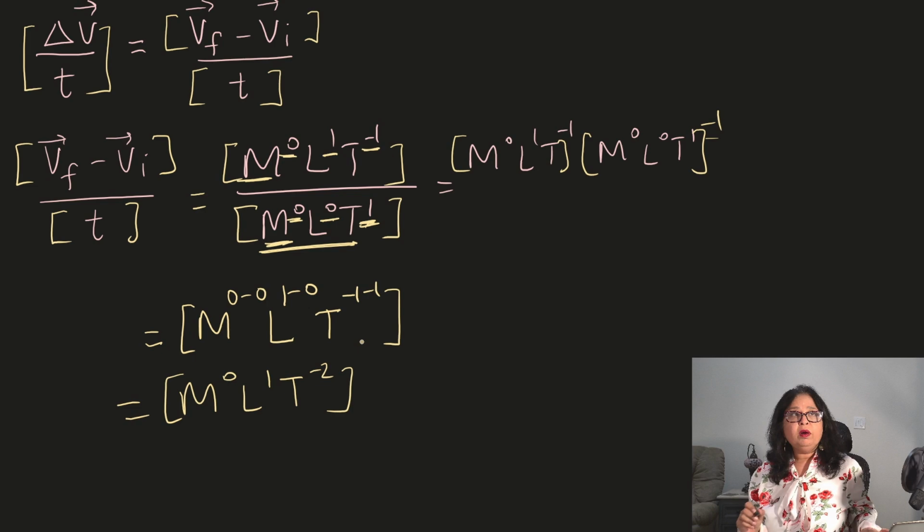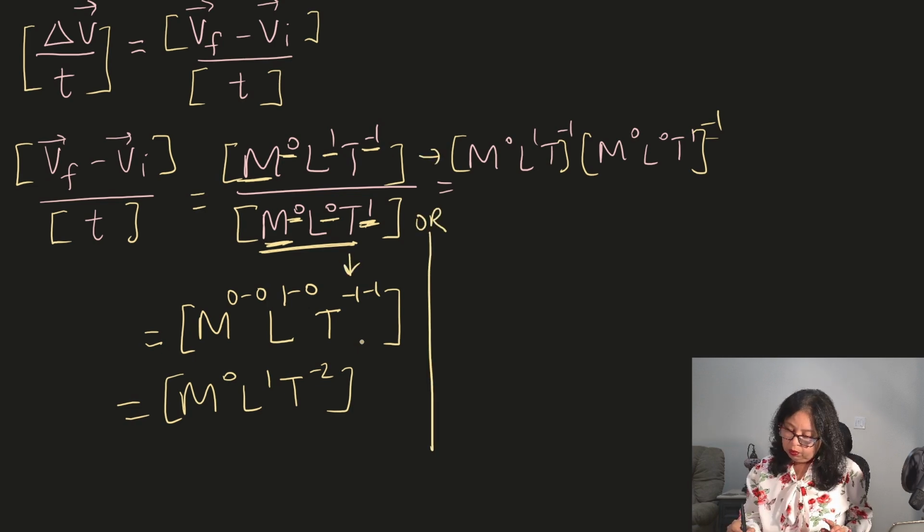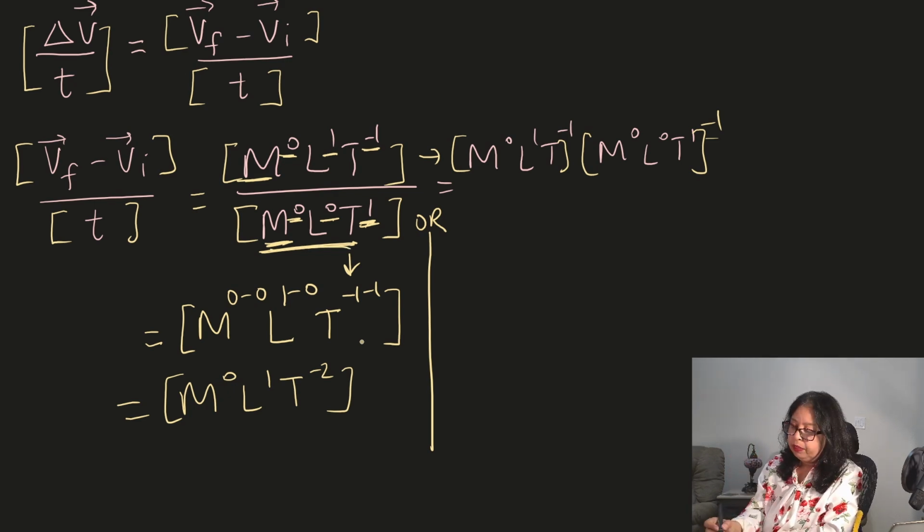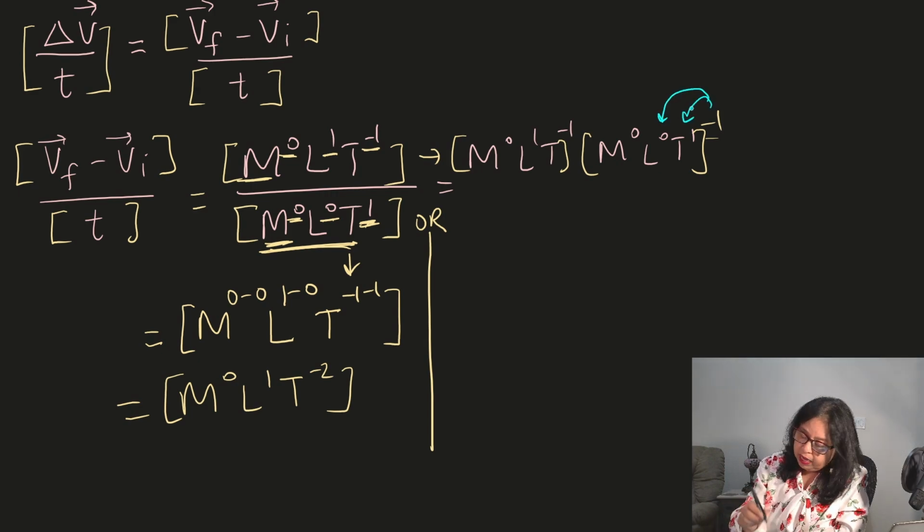Or, okay, you could have brought this entire thing upstairs to the numerator and changed the power of the entire dimensional formula. Then you know that this power goes and multiplies each of the powers on the inside of the parentheses. So the first one doesn't change, right?